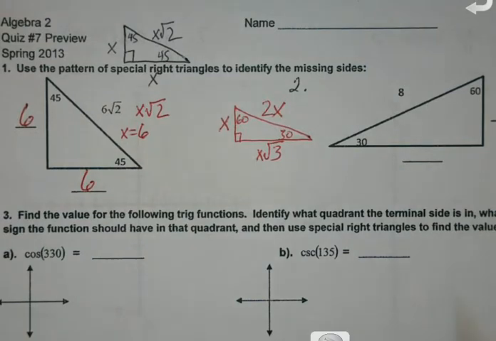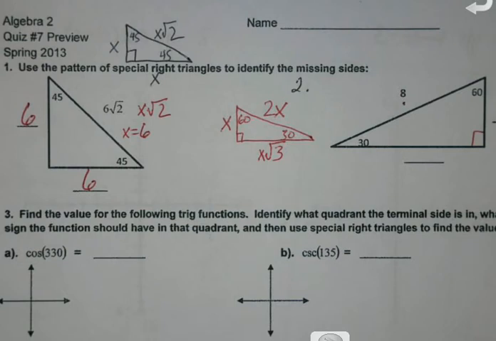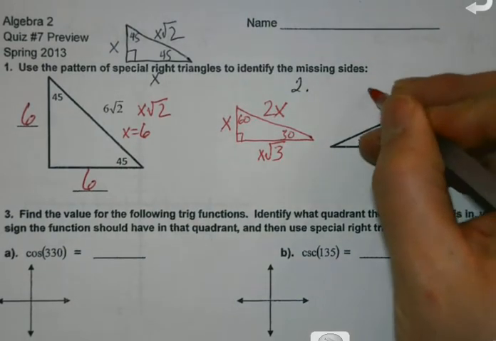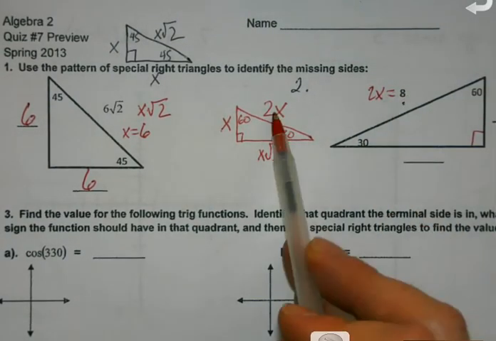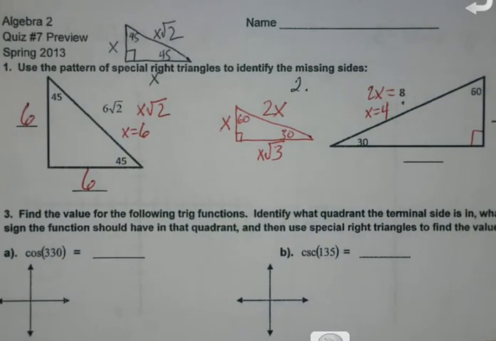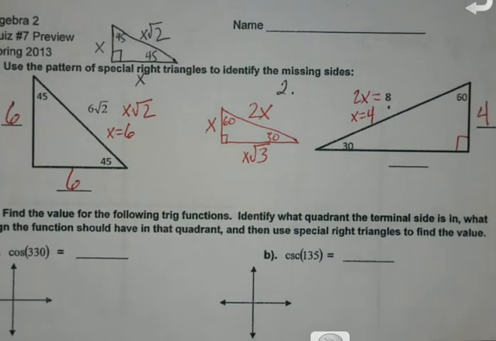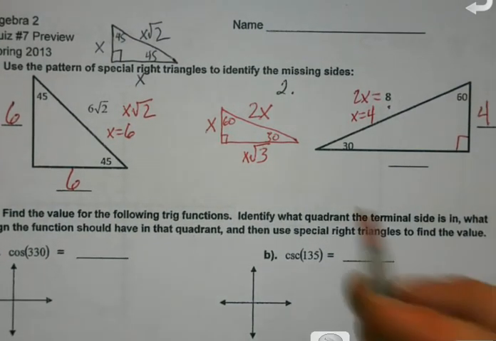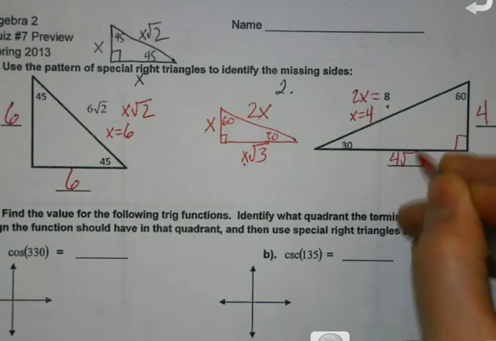But again, look at which side you're given. I'm given the hypotenuse this time, so this is really what 2x is. So I figure out, in this case, my x value would be 4, which is my short side. And then my long leg is just that x value times the square root of 3.